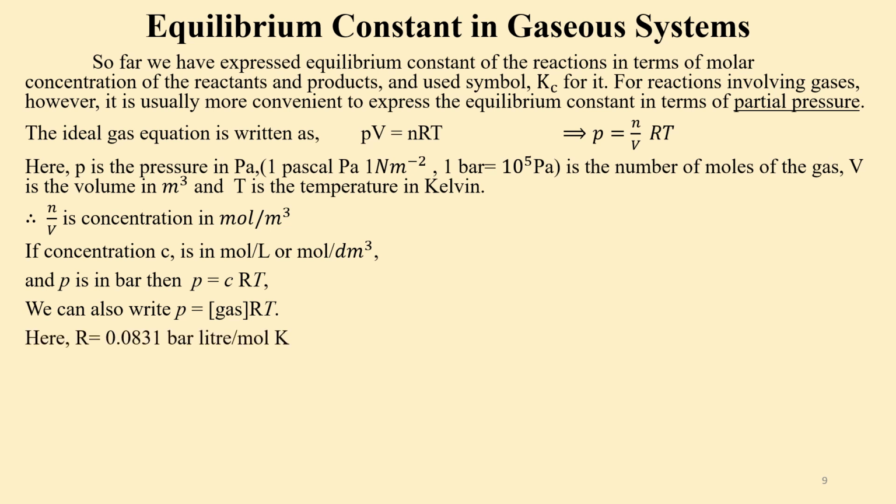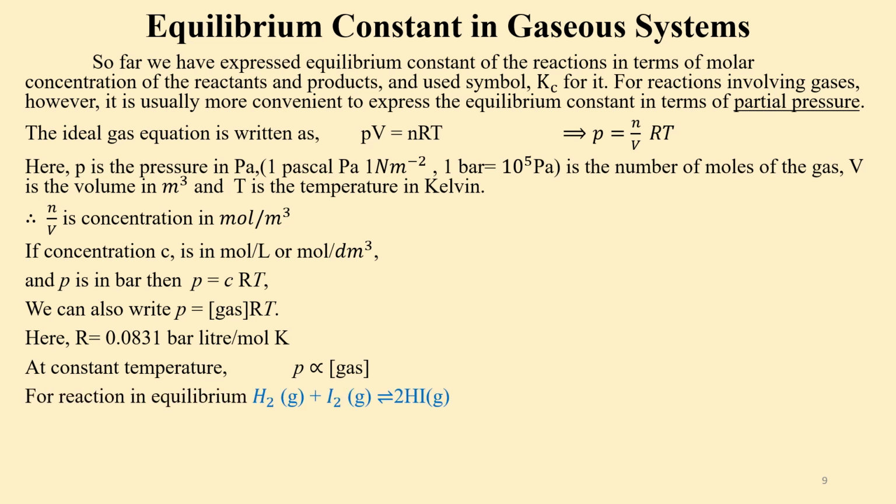In this equation, the value of R is 0.0831 bar liter per mole per Kelvin. At constant temperature, from this equation we can write that partial pressure is proportional to the concentration of the gas.